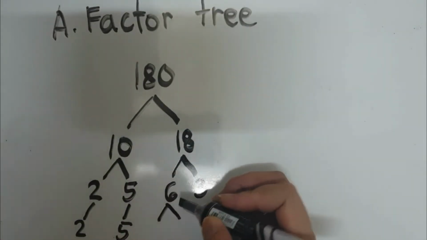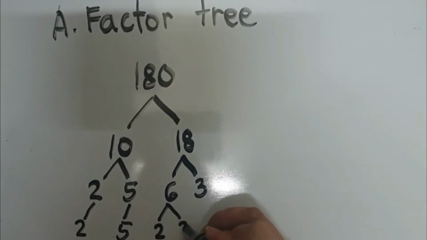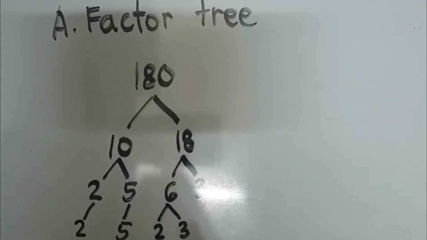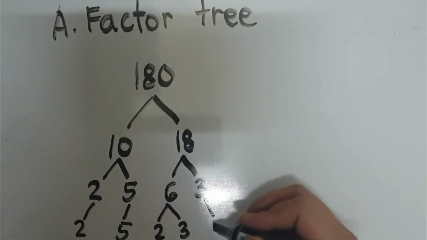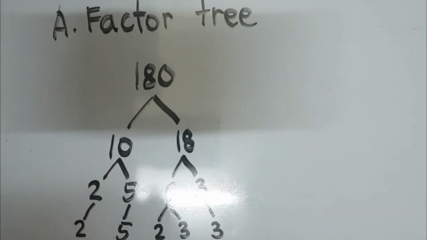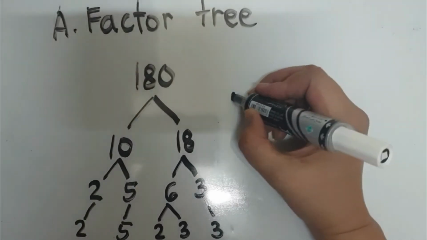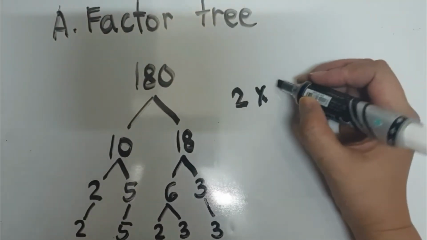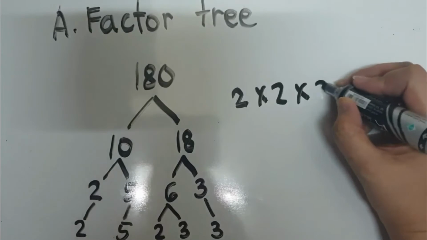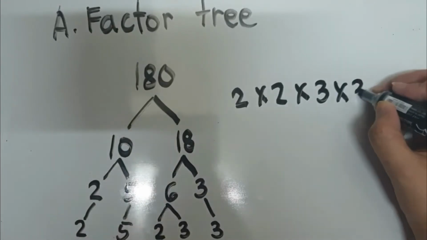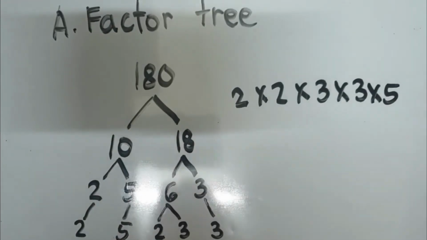Then the factors of 6 are 2 and 3, which are both prime numbers, and then copy 3. So, the prime factors of 180 are 2 times 2 times 3 times 3 times 5.